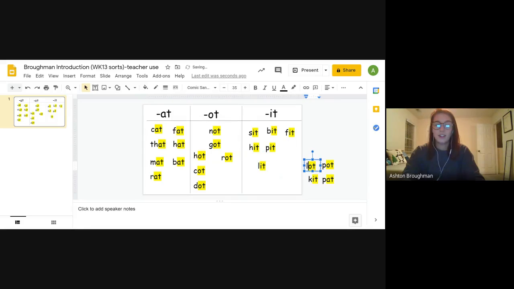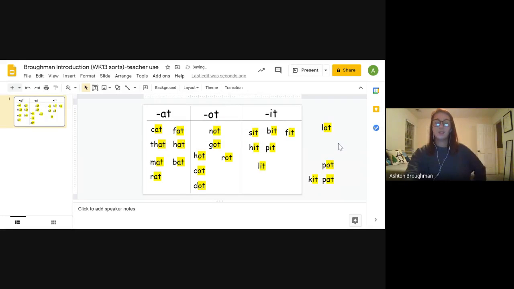Let's do another one. Let's look at this word. What letter does this word start with? The letter L. And you just told me what sound the letter L makes. So what sound does it make? Oh, yes. And let's look at this ending because it has a different ending to it. This one is OT. What do we know that OT says?